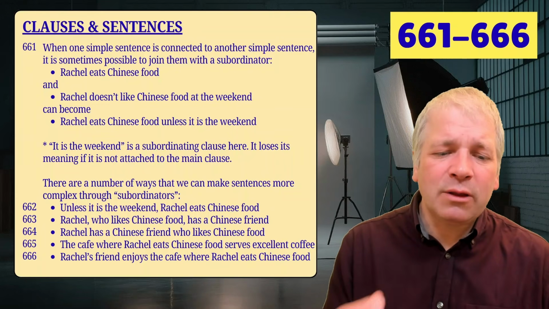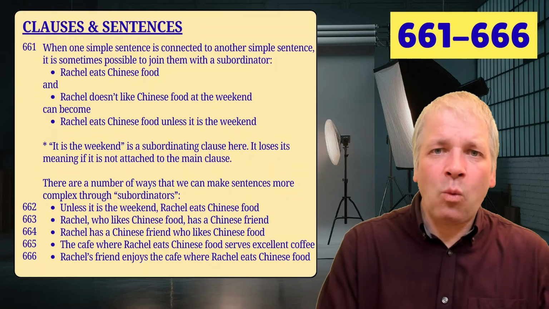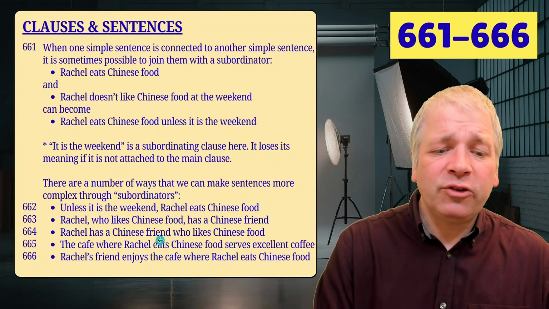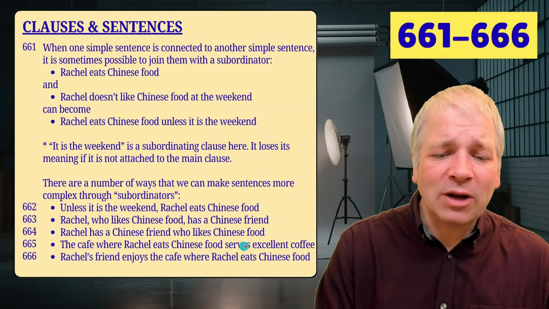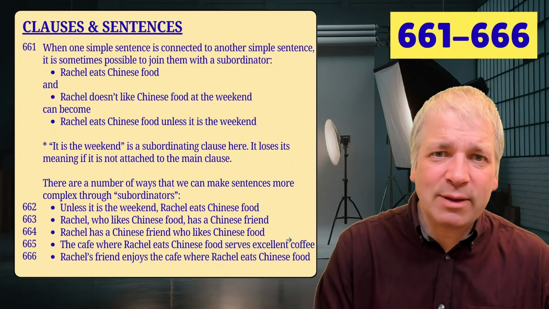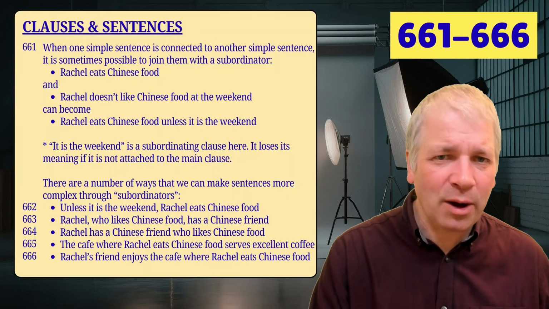Where Rachel eats Chinese food. So where Rachel eats Chinese food combines with the cafe to make one noun phrase. And finally, Rachel's friend enjoys the cafe where Rachel eats Chinese food. The same sentence, but here you can see the noun phrase now comes at the end. So all these different options for creating sentences from parts of clauses.